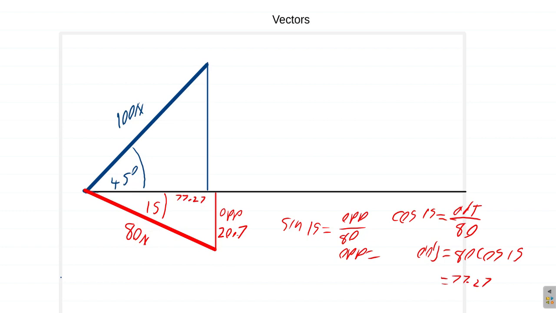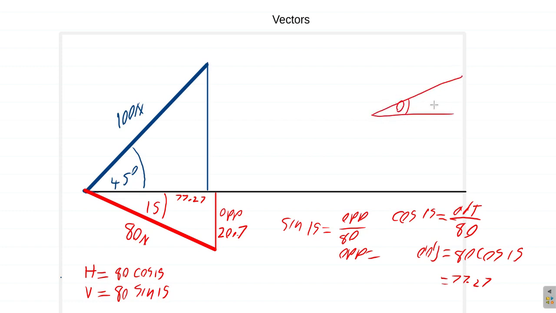Now notice that if you consider the horizontal and vertical components, the horizontal is equal to 80 cos of the angle 15, and the vertical component over here is equal to 80 sine 15.